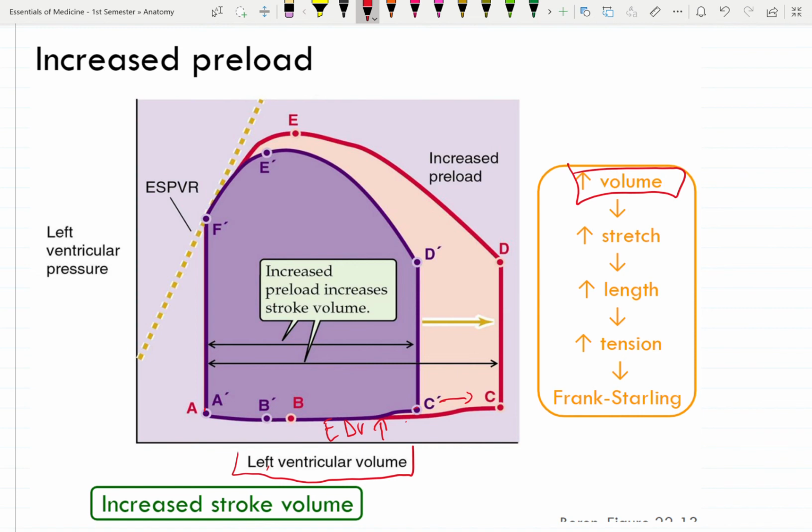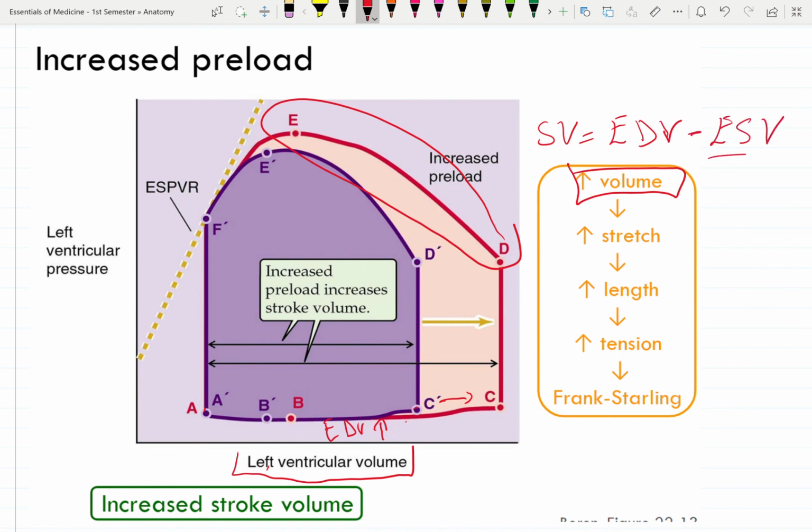Okay, just to recap, when we see that the end diastolic volume increases, that means that the stroke volume, as can be seen here, will be greater than normal. Why? Because the stroke volume, like I said before, is the difference between the end diastolic volume minus the end systolic volume.